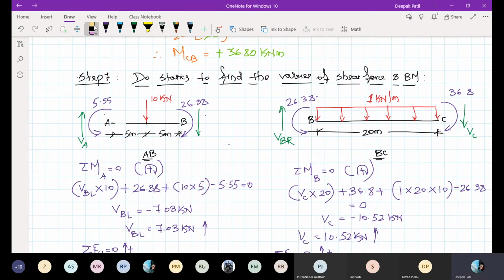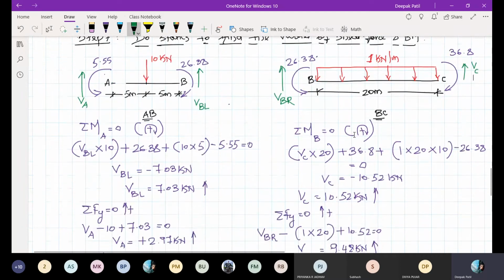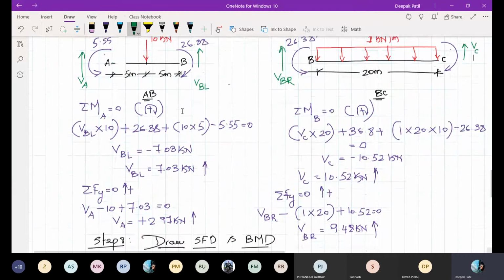VBL should be correct, but the only thing is I have to write the correct direction. This is correct, and this also I have to write the correct direction. Only that I have to do. So VBL is also upwards, and this is also upwards, that is VC. You can write the value or you can neglect the value. That's left to you. Now you have to write the correct answers.